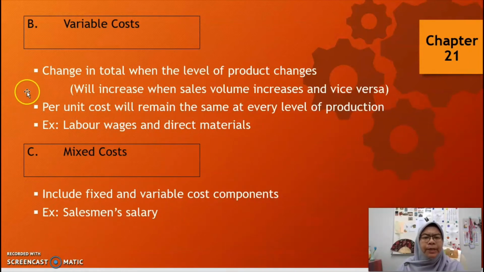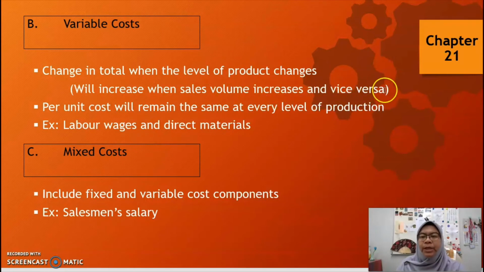We move on to the second type of cost, which is the variable cost. Variable costs change in total. When talking about the total variable cost, it changes when quantity changes. So it will increase when sales volume increases and vice versa.